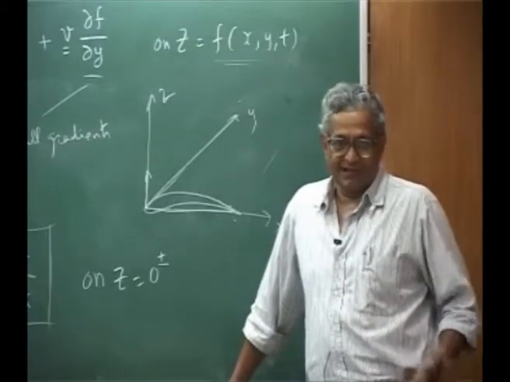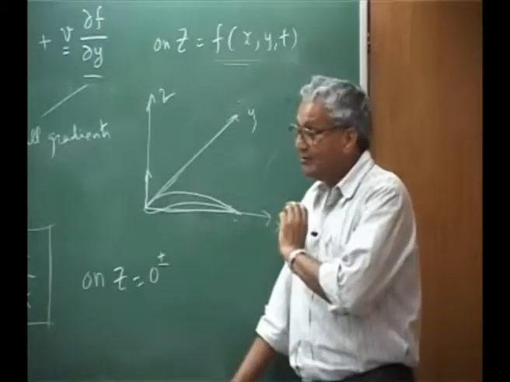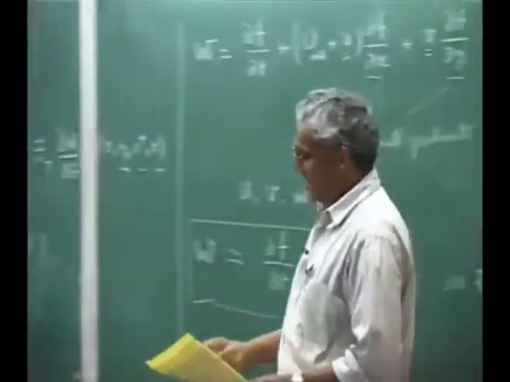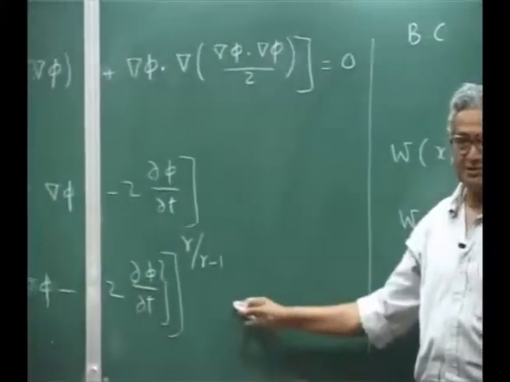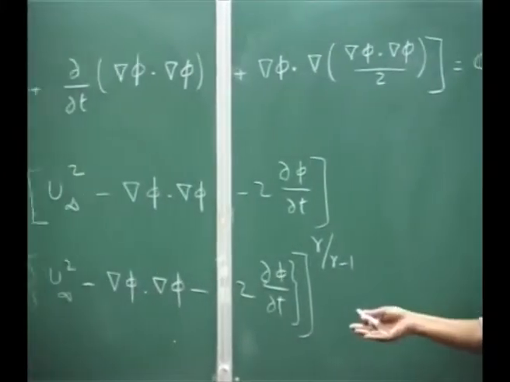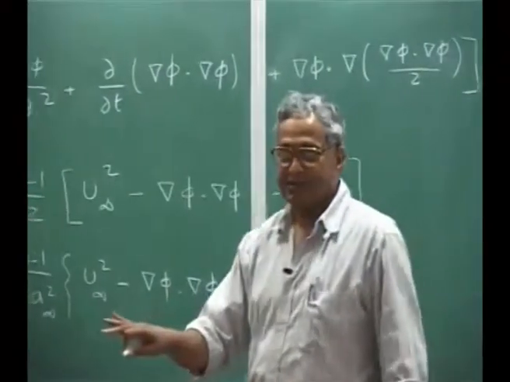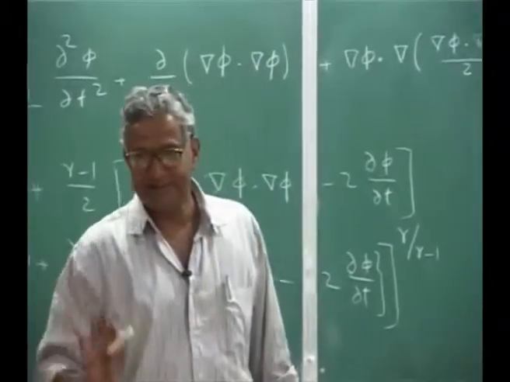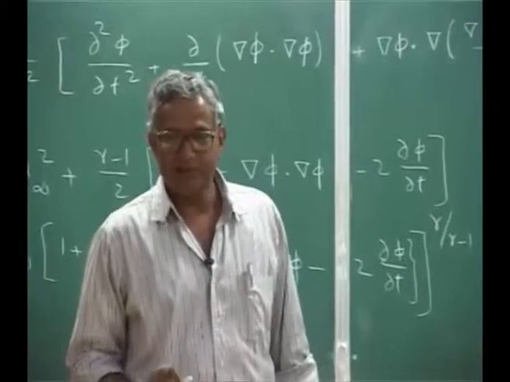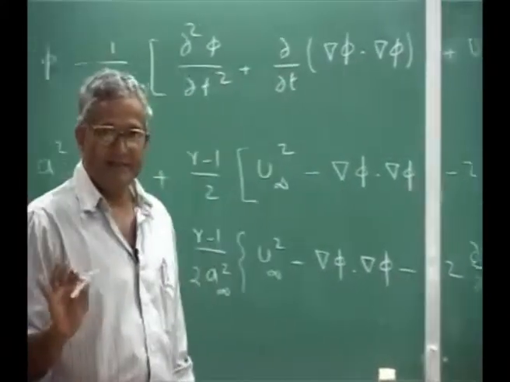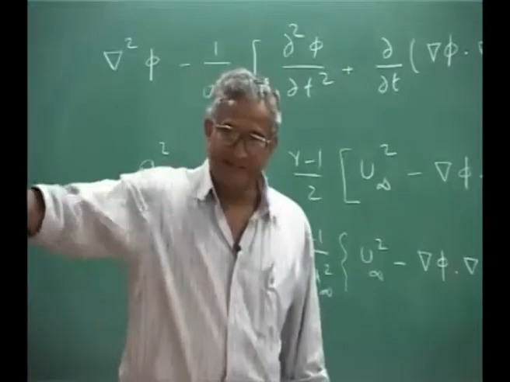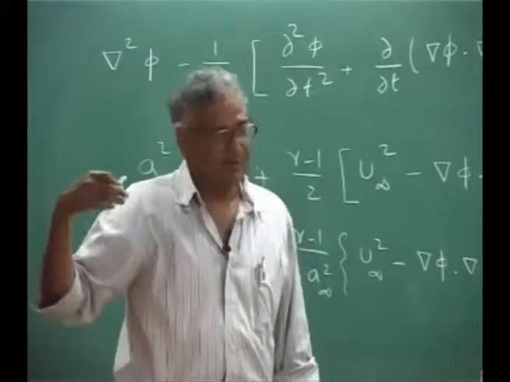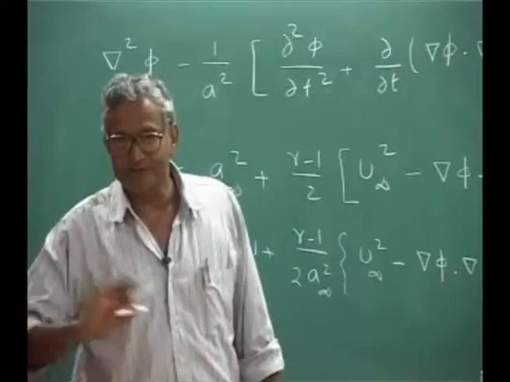Okay. For that, I am going to now modify the entire set of nonlinear equations into corresponding linear equations. They will become very simplified linear equations, and that is what we will use for our solution of the flow, supersonic flow, subsonic flow, everything.